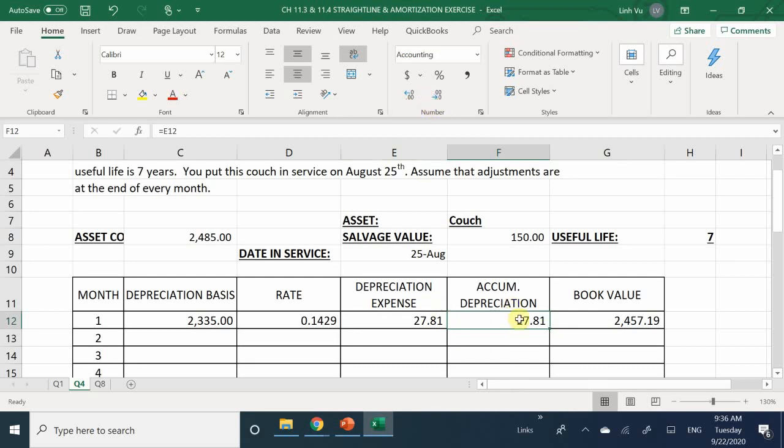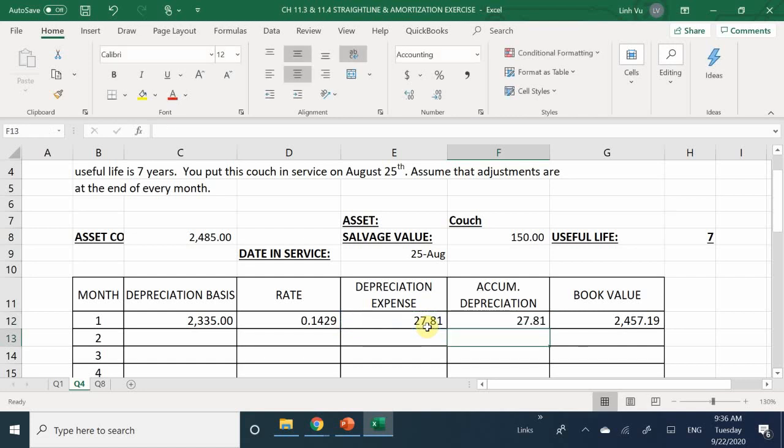Okay. So 27.81 is going to be my accumulated depreciation. I know I need to change this one. 27.81. Okay, and we know that this is going to equal this.